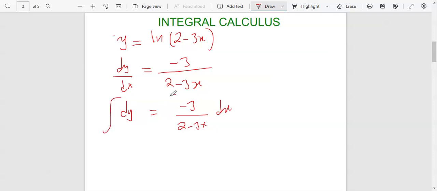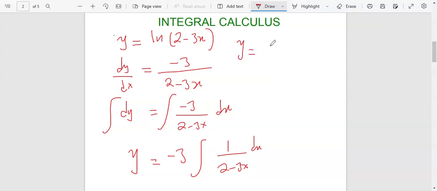Now I'm going to integrate both sides. So the integral of dy is y. Since the negative 3 on top is a constant, I'm going to remove it outside the integral. So I'm going to have 1 over 2 minus 3x dx. The integral of 1 over x is always natural log of the absolute value of x.